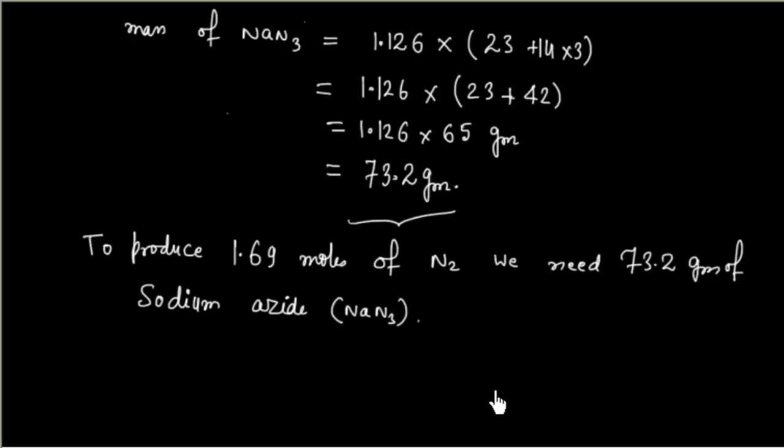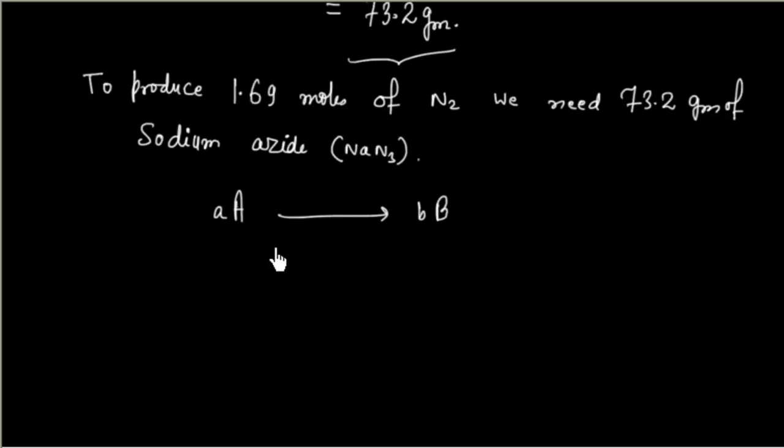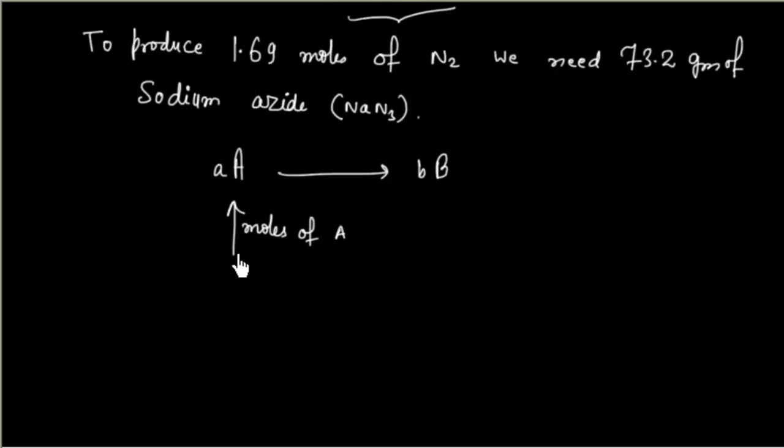So this problem basically illustrates how gas equation and molar ratio balanced equation can be combined. If I have a balanced equation, let us say A goes to B, moles of A can sometimes be indirectly given, and can be calculated using the ideal gas equation.